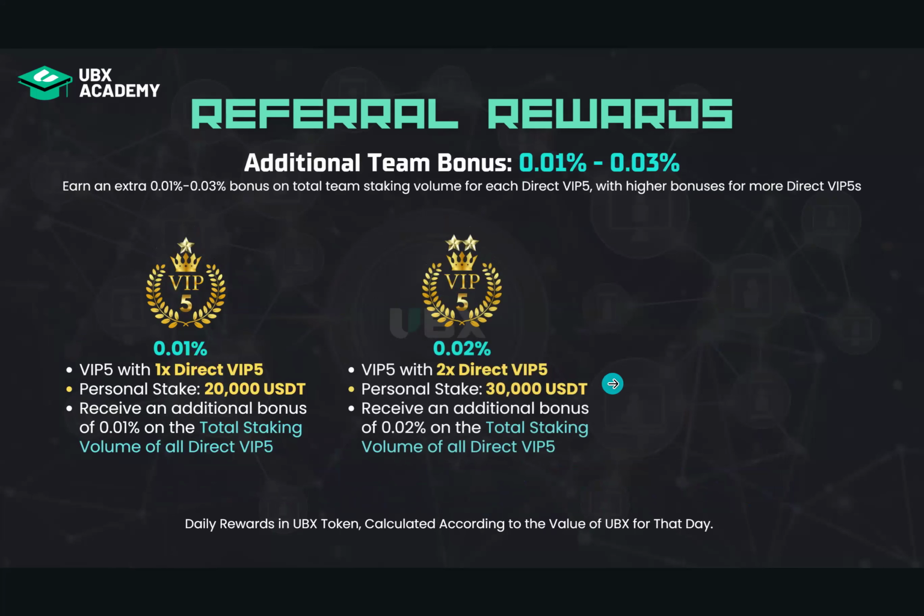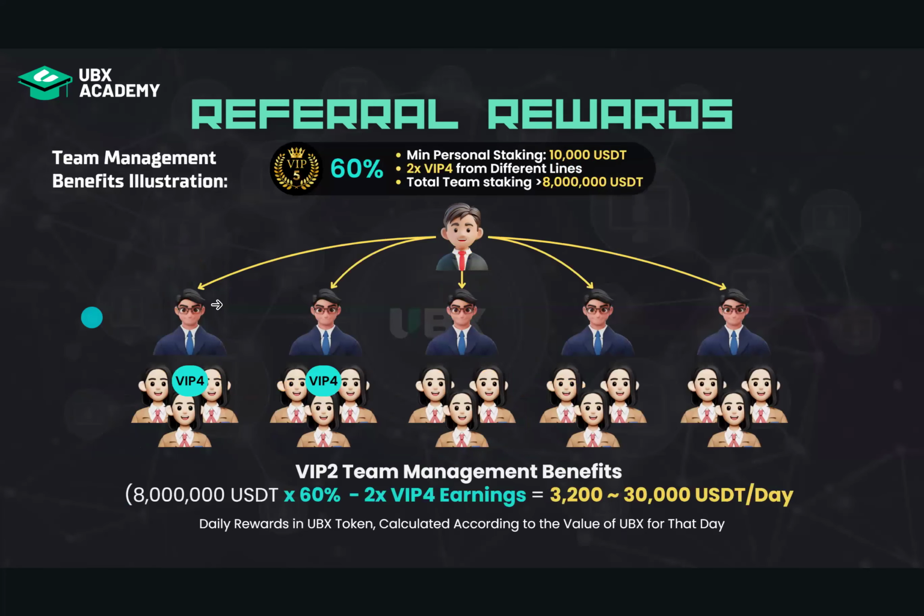How do we become a VIP 5 2 plus, or 2 star? You need to have 2 direct VIP 5 trained under you directly, and personal staking is 30,000 USDT. You receive an additional bonus of 0.02% for the total staking volume of all the direct V5. So if this guy already becomes V5, and this guy becomes another V5, you'll become a VIP 5 2 star. As I mentioned, based on 0.01% of 8 million revenue, you will get $800.